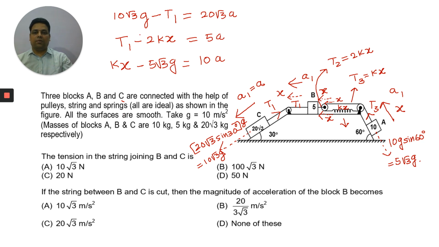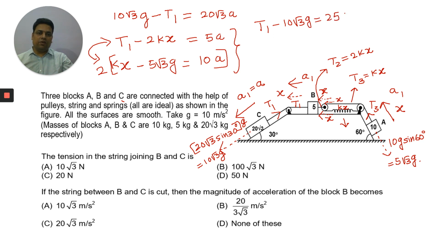So let me multiply the upper equations. If I multiply this equation with 2 and add it to this equation, these two would give me T1 and 2kx get cancelled upon addition, minus 10 root 3 g equal to 25a.